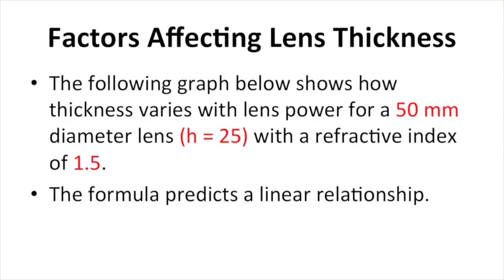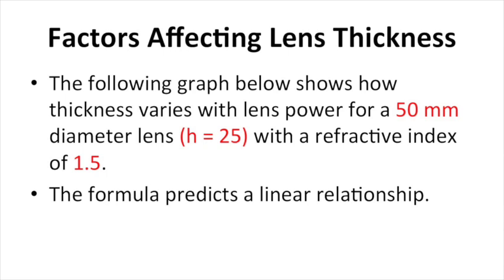So let's first look at the effect of lens power. Our standard diameter here, unless we say otherwise, is going to be 50 millimeters, so a value of h is 25, and our refractive index is 1.5.